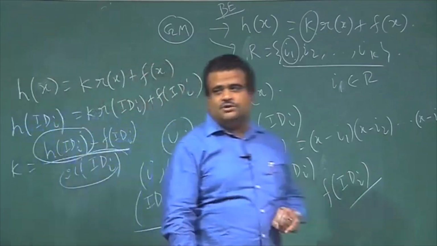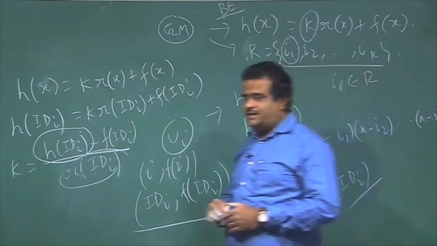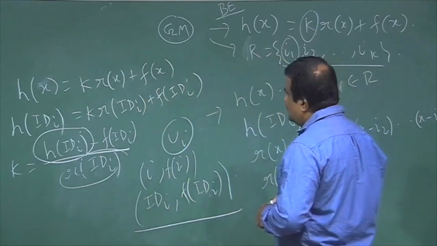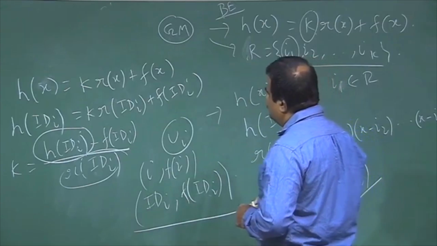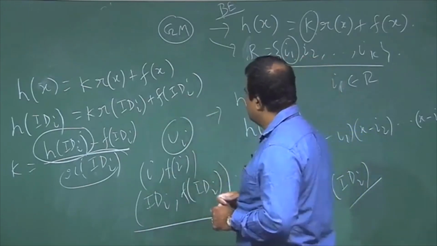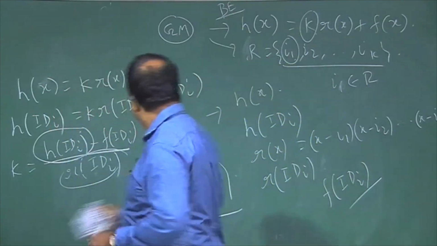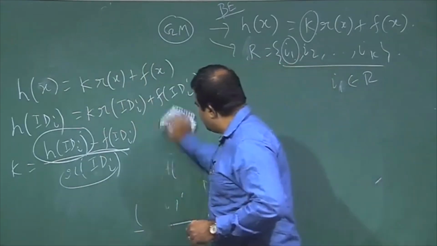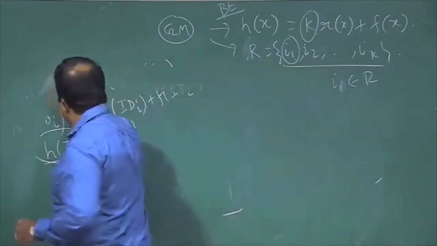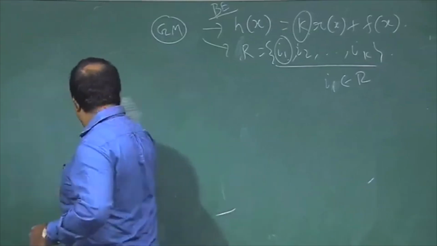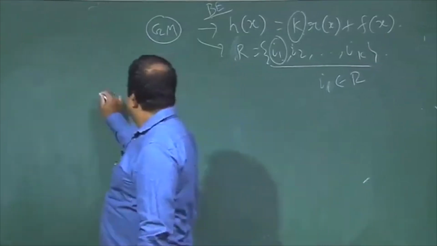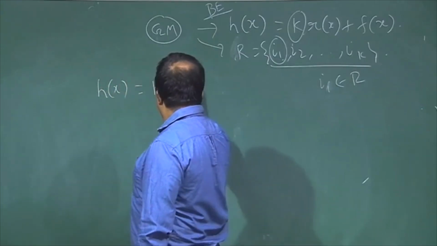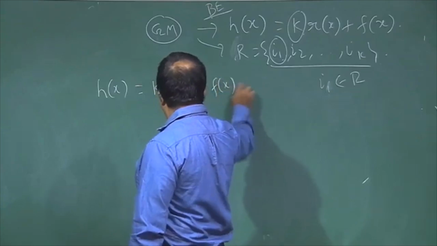Now this scheme we can make into a t-out-of-n threshold scheme, because if somebody knows this polynomial f completely, then he or she is able to get the session key, because we know h of x is basically k r of x plus f of x.